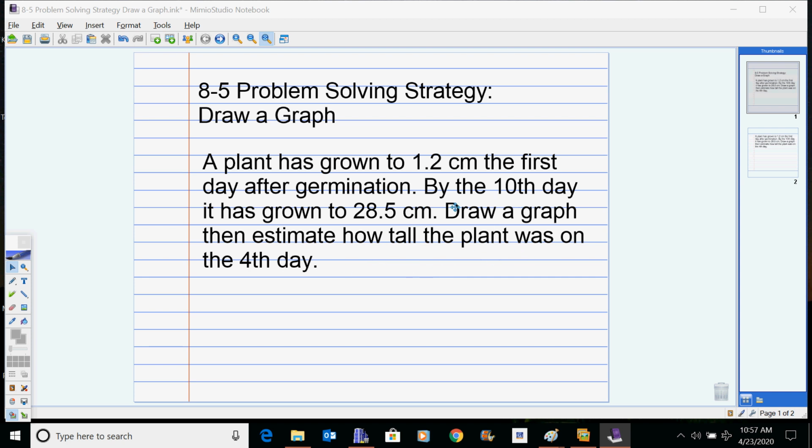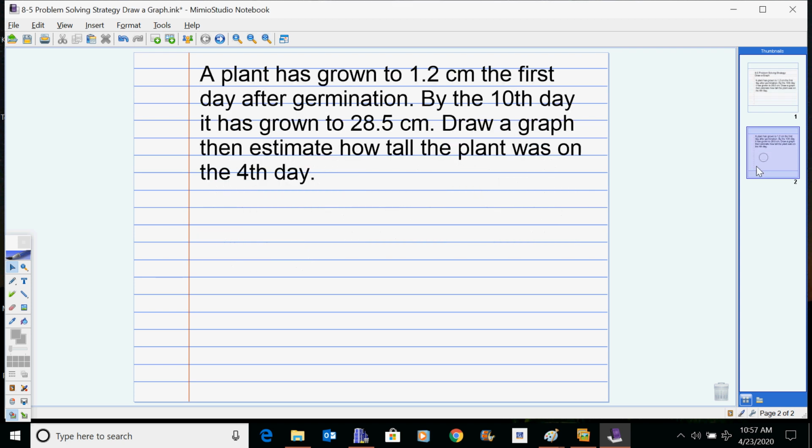You'll see in a minute why it's an estimate rather than an exact answer. But your estimate does have to be based on your graph, and we can do a very nice job with that right on graph paper. So if you need to pause it right here and write this question down so when you look at your notes you'll have something to refer to, that's great.